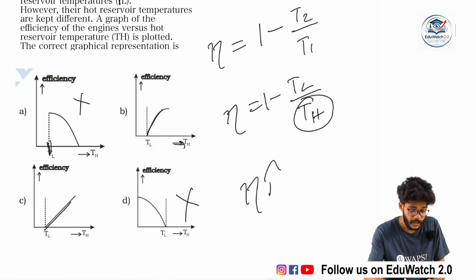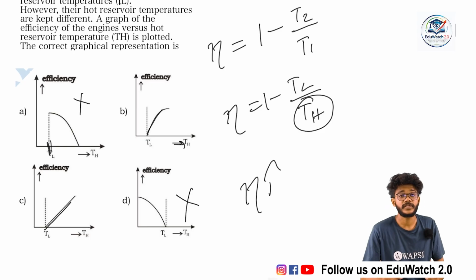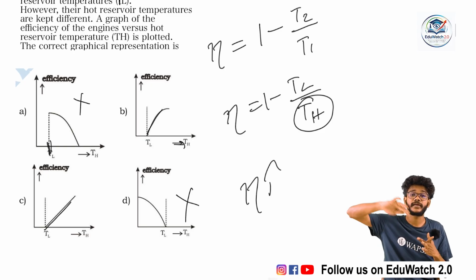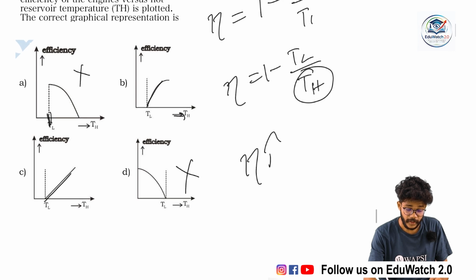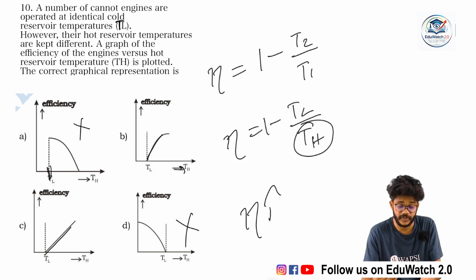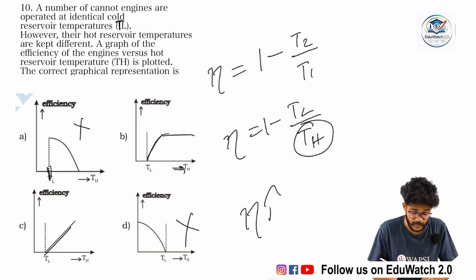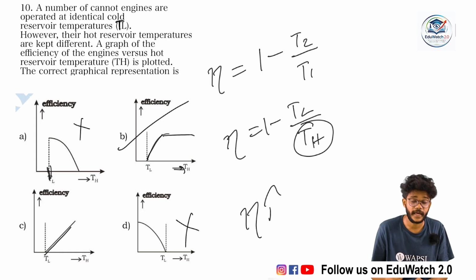Option B and option C look like correct options, but in C, the efficiency is continuously, linearly increasing, and that is incorrect, because when TH goes to an infinite value, TL by TH is equal to 0 and the efficiency becomes 1. After that the efficiency can't be greater than 1, so up to a limit. So option B is the correct answer.